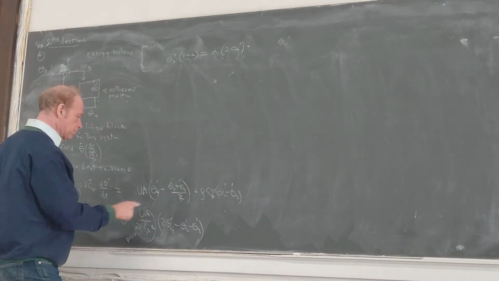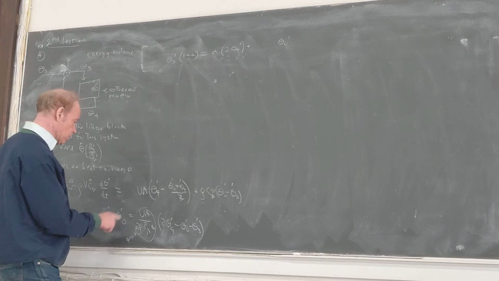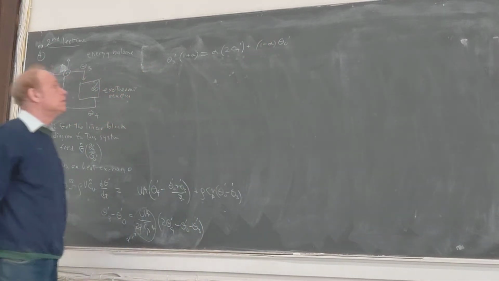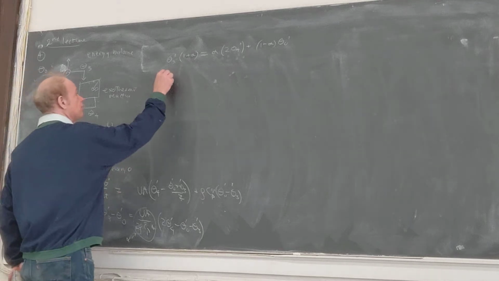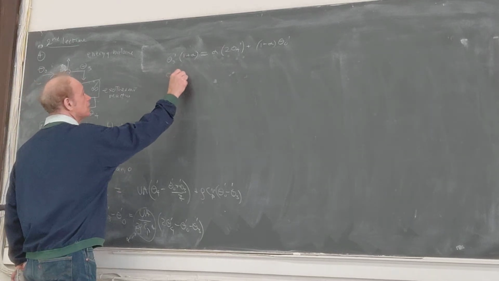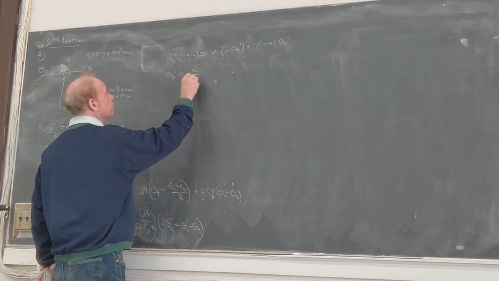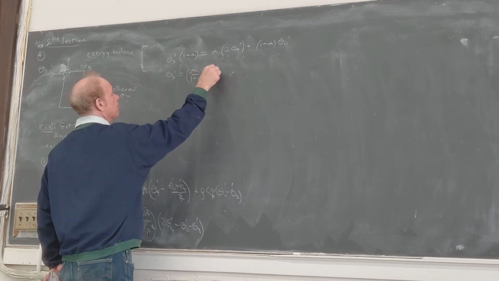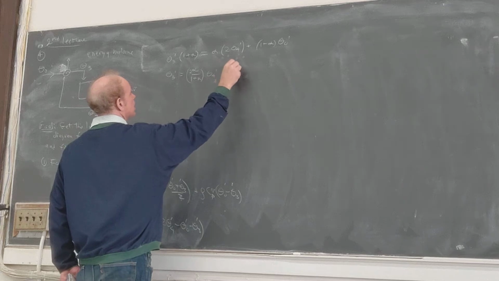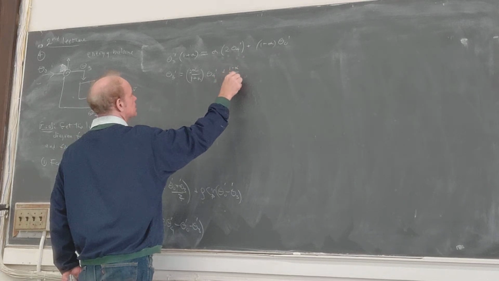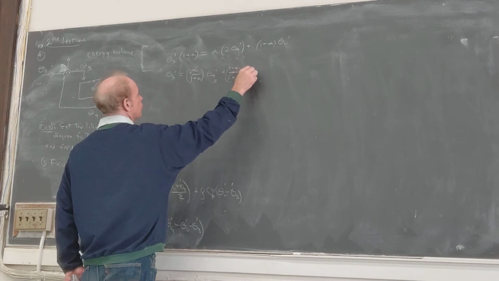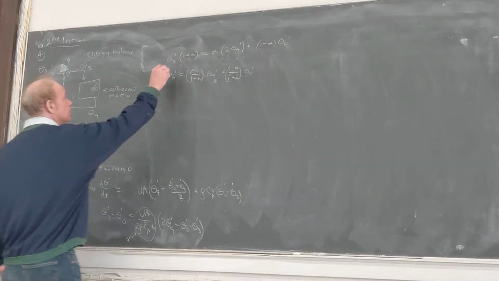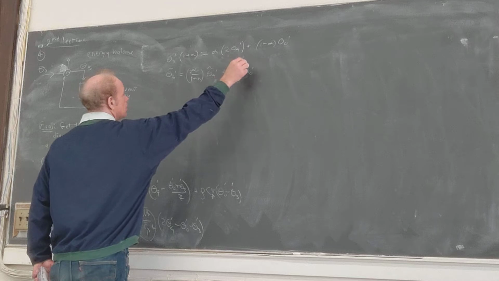And here I have 1 minus alpha. Or I can rewrite this as theta 3 prime is equal to alpha over 1 plus alpha times 2 theta 4 prime plus 1 minus alpha over 1 plus alpha theta 0. And now I can Laplace transform, and I get that.